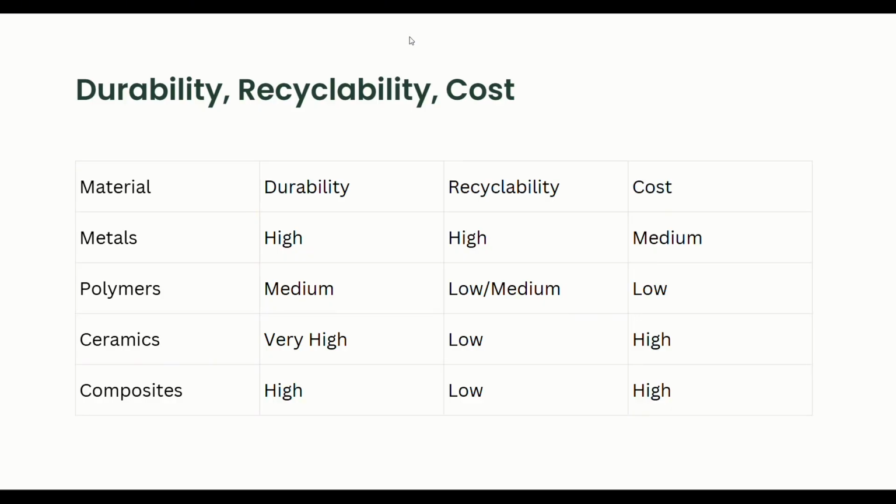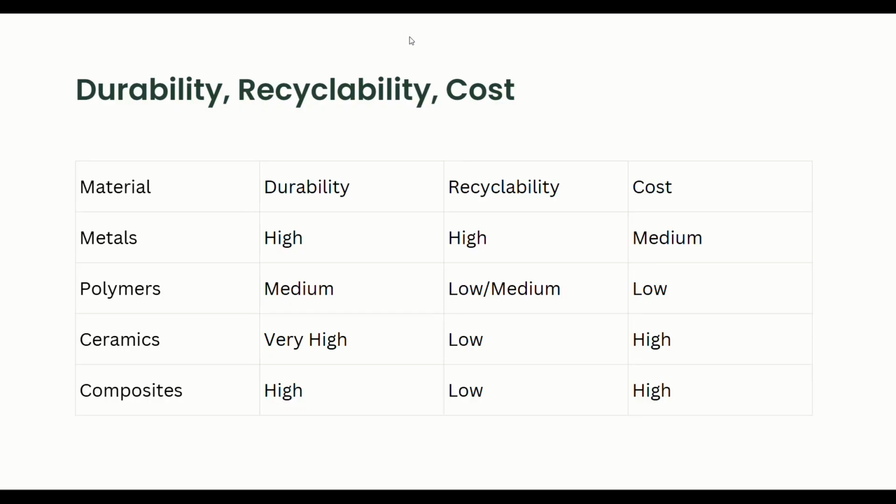Moving forward, ceramics. Ceramics have very high durability but low recyclability and also high cost. Last but not least, composites. Composites have high durability, low recyclability, and also high cost.